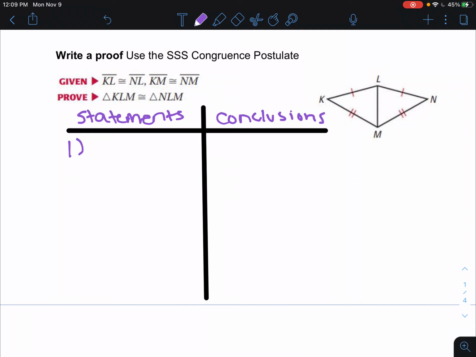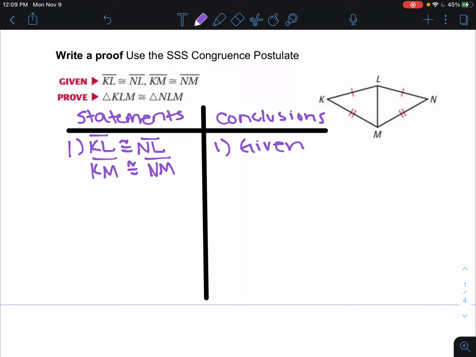So step 1 is that KL is congruent to NL. In this case, I'm going to write the 2 givens in one step, just because you could do it as 2 steps as well. Sometimes I just like to throw them in one step. It might save me time. But if you do it as 2 steps, that's totally fine. This is our given.